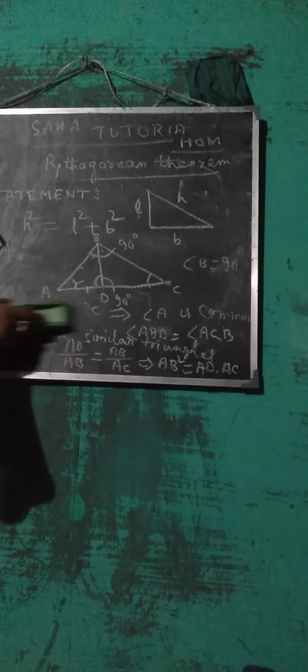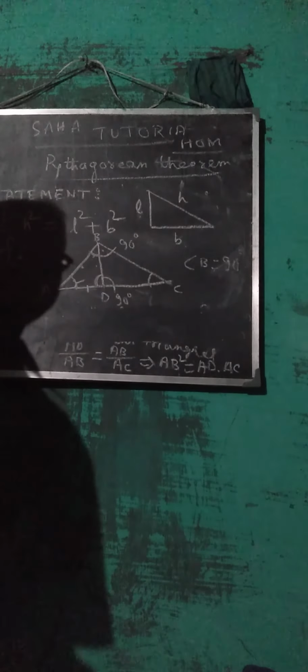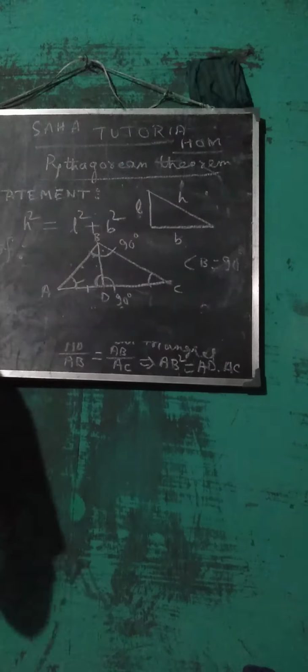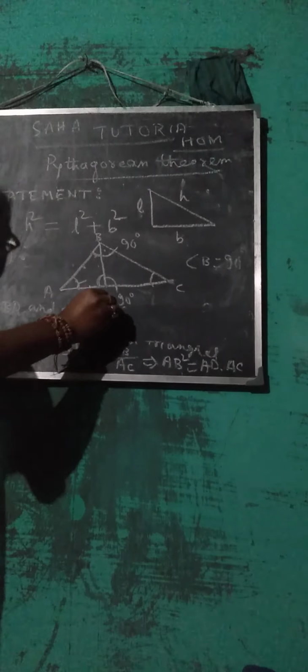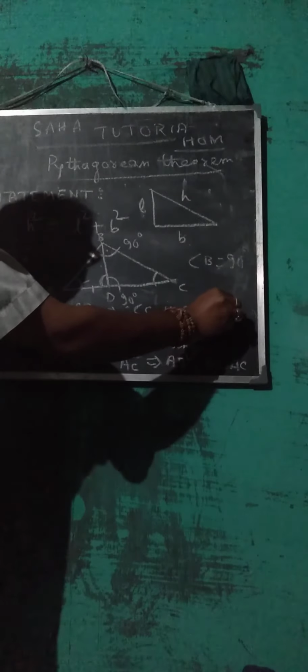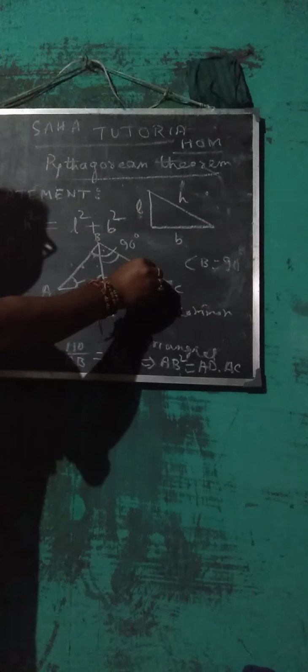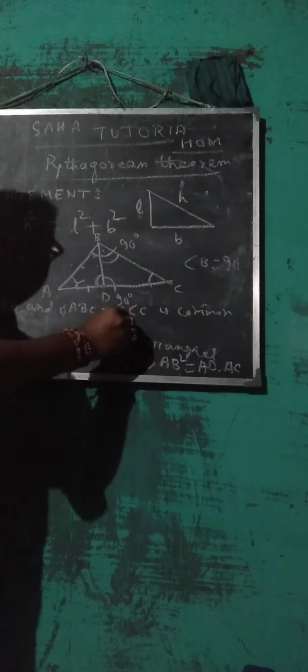Now again look at this. If we take triangle CBD and triangle ABC, both imply that angle C is common, and this angle is 90 degrees minus angle C. So this angle CBD, if you look, this is also 90 degrees minus angle C in triangle ABC.